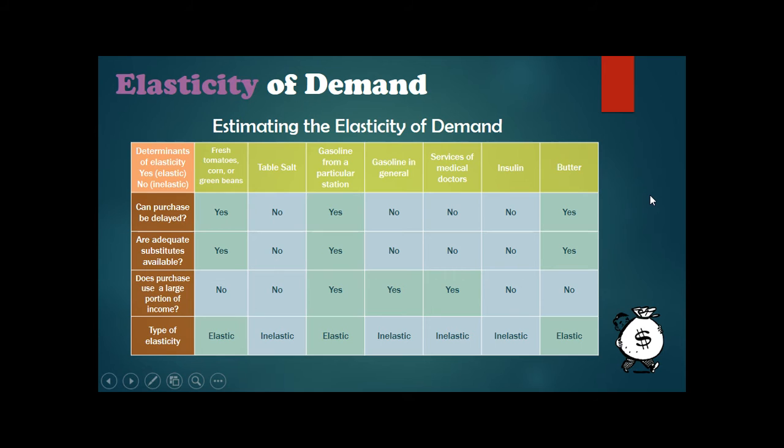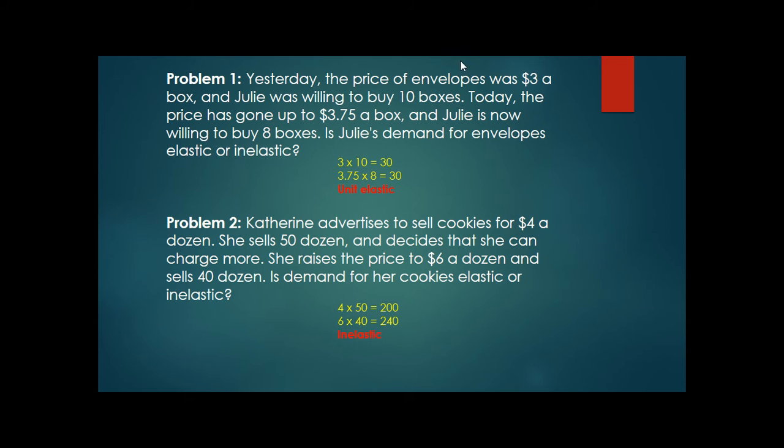So there's another way to just sort of figure out if things are elastic or inelastic, and that is with estimates. You're not always going to have the numbers. You're going to have to sometimes decide whether something is going to be inelastic before you know your sales, right? Catherine, on our last example here, could say, I think that if I raise my prices to $6 a dozen, I'll sell 40 dozen.